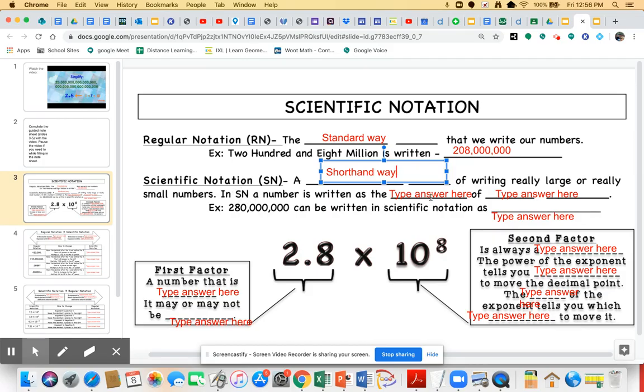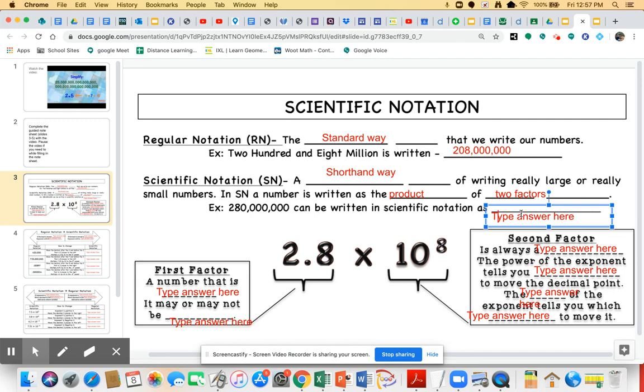A number can be written as a product. Remember, product is multiplication, the answer we get when we multiply. So it can be written as a product of two factors. Two factors means two numbers that we're multiplying together.